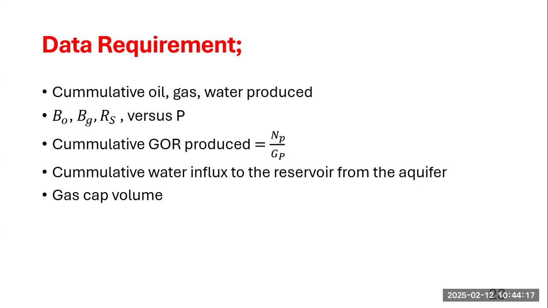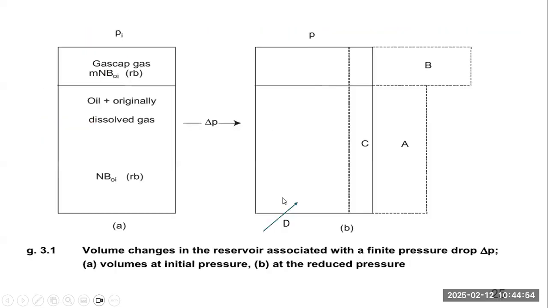Please read more on the difference between flash separation and differential separation. And then pressure, you have build-up tests. You will still do more of this in your reservoir journey, different types of pressure build-up tests where pressures are measured. Each pressure point has its corresponding PVT data. And then you need the cumulative GOR produced, which is your NP by GP. You need your cumulative water influx into the reservoir from the aquifer, and then we need the gas cap volume. These are all data requirements for MBE.